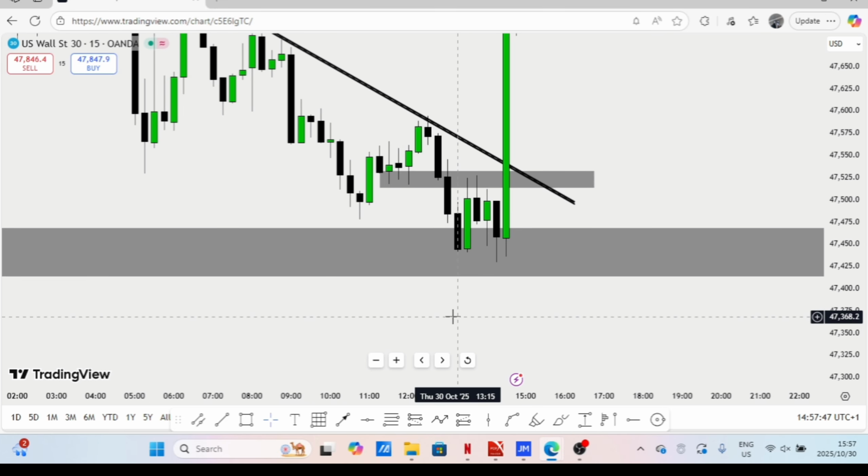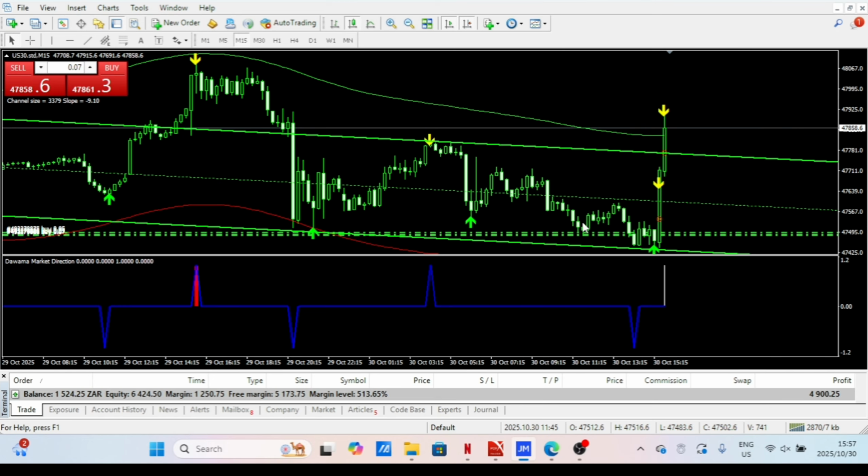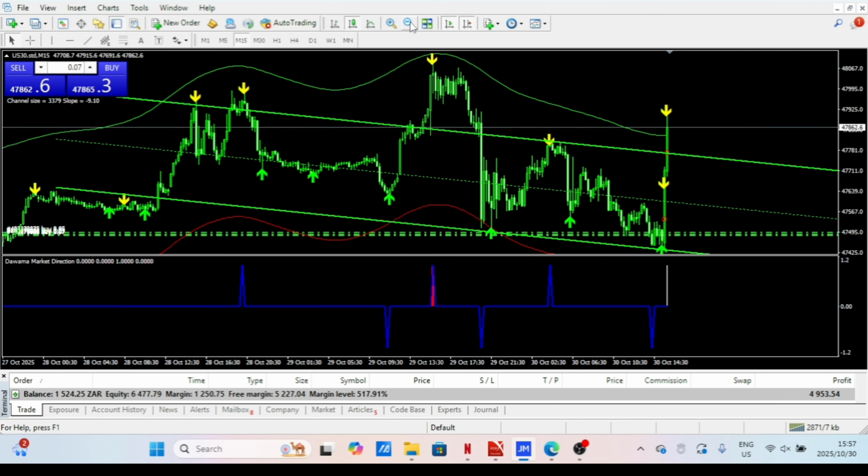In this instance, you can see that the market respected my zone. So what I do is that I go to my system right over here. As you can see, we wait for the buy signal and the double confirmation for the buys.